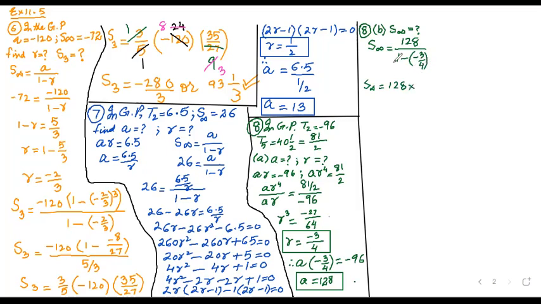The denominator will become 4 ones are 4 plus 3, 7 upon 4. So this will be reciprocal and will become 4 upon 7. So sum to infinity is coming out as 73 whole number 1 upon 7. And this is the answer for part B of question number 8.